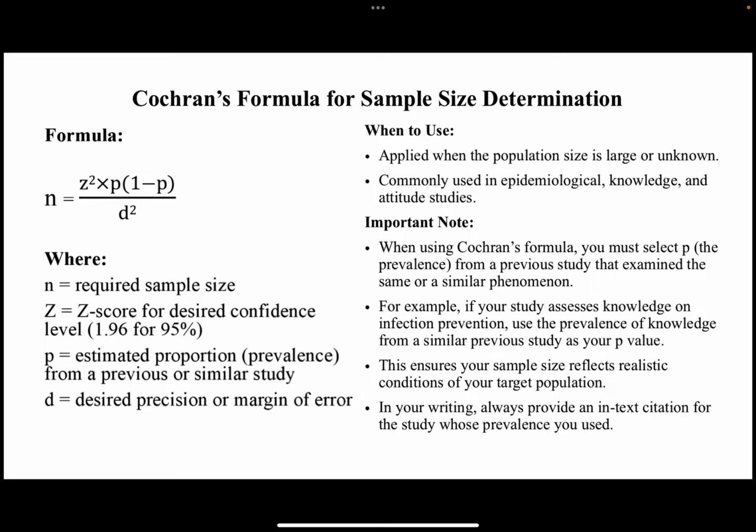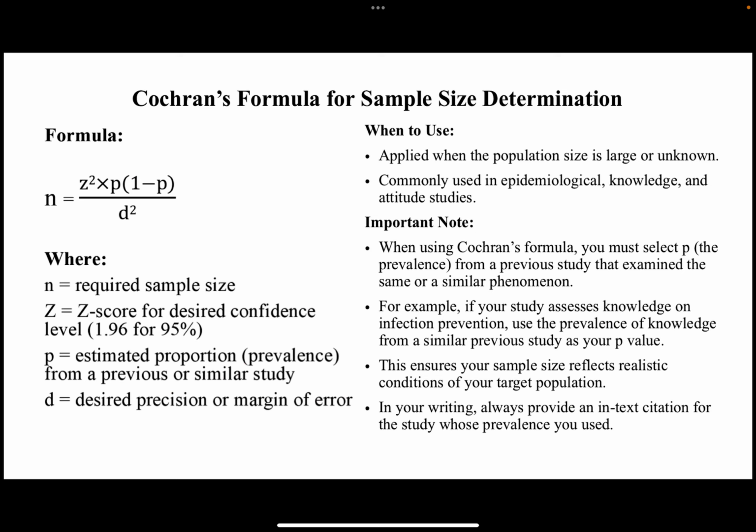I go to that study and check their results: the knowledge of nurses on ethical issues, what was the percentage? If the result says that 48% of the nurses had good knowledge of ethical and legal issues, then I will use that percentage, that prevalence, we call it proportion, as my P.